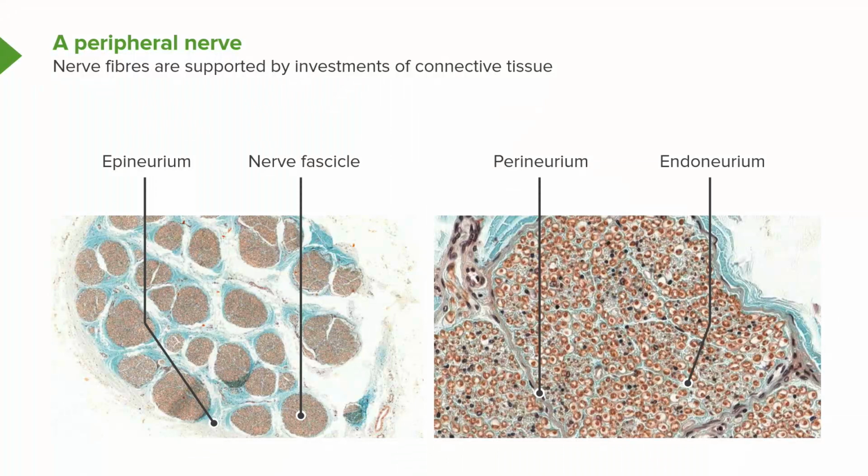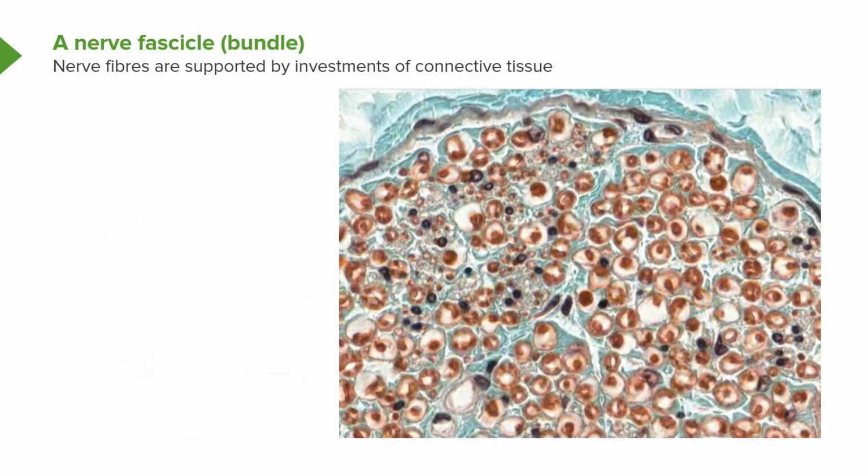And again, let me remind you that individual axons are wrapped up by the endoneurium. It's a bit hard to see that in this section at this magnification, but in the next section it will be clearer. Here is an image of a nerve fascicle or nerve bundle at higher magnification.